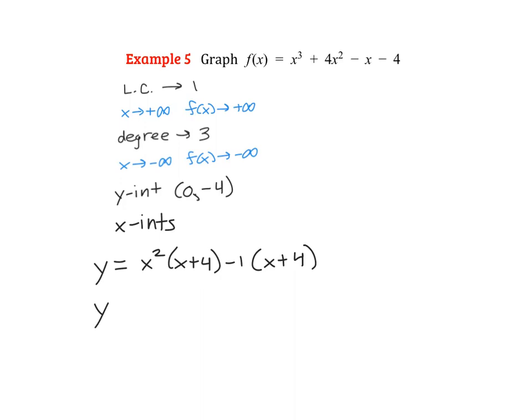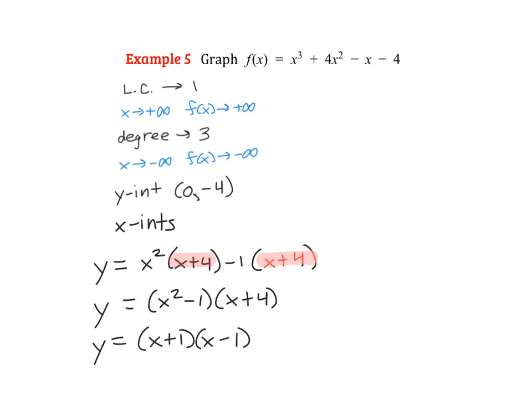And since I see a common shared factor of x plus 4, I can group my coefficients. So I have x squared minus 1 times x plus 4. And then hopefully you see that we can factor this a little bit more using difference of two squares. So here I can see that my x-intercepts will be at (-1, 0), (1, 0), and (-4, 0).